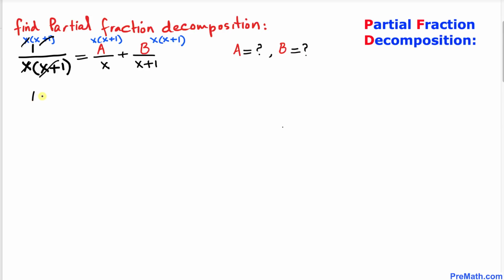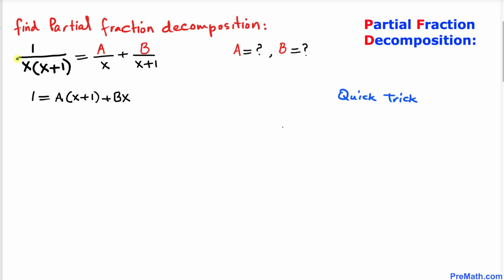So we ended up with 1 on the left hand side equal to a times x plus 1, plus b times x, since this x plus 1 is gone with this x plus 1.